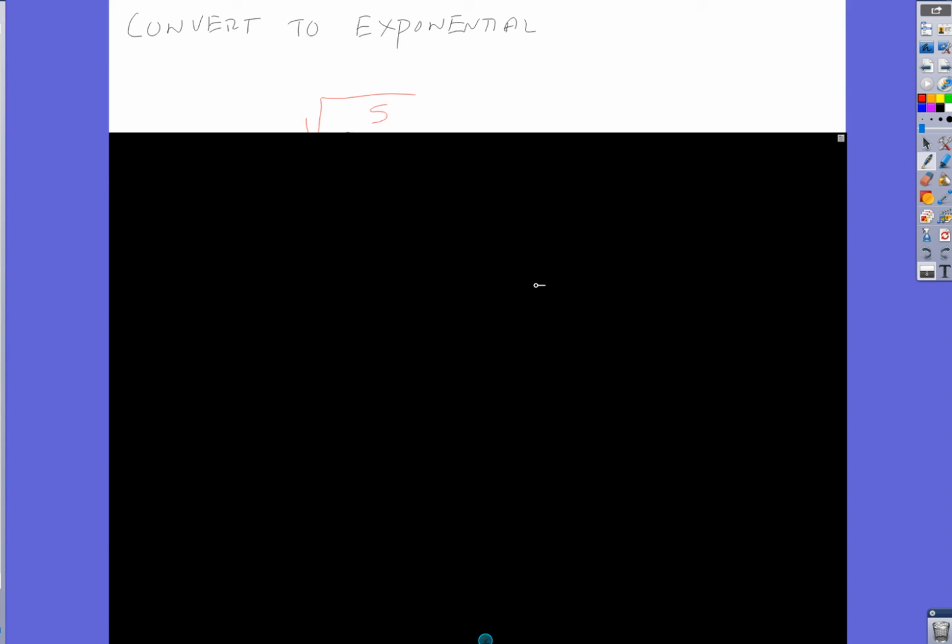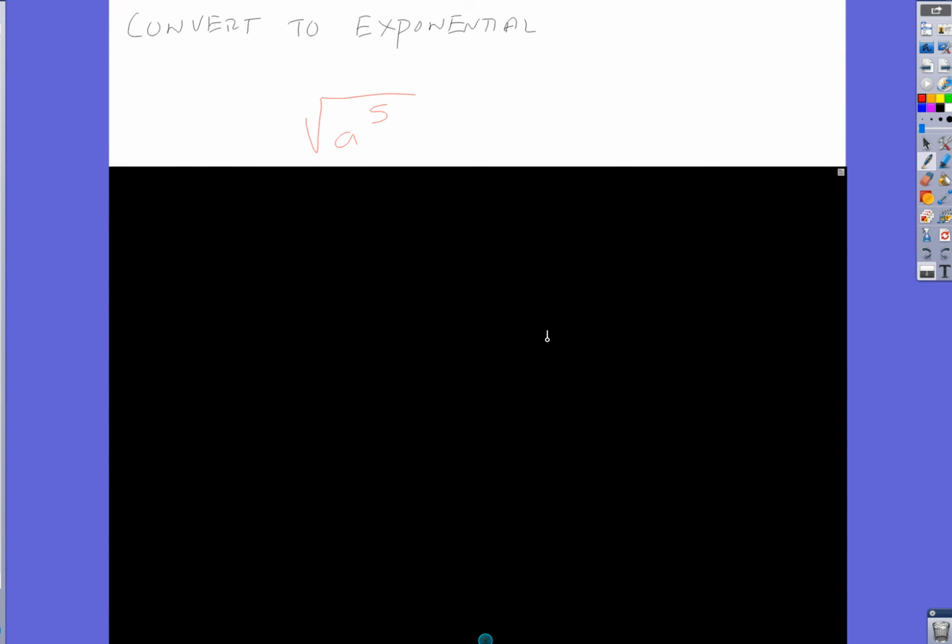Alright, so this one is not going to tell you to go backwards. Let's convert to exponential. Every radical can be rewritten as a base to a power and vice versa. So here we're starting with the radical, and then we want to go to exponential. So Cassie, this is just one step.